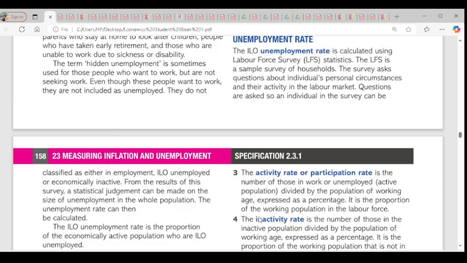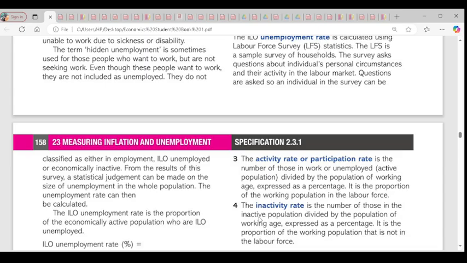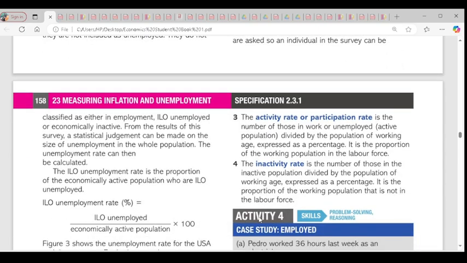The number of employed, those that are working, is divided by the population of the working age, which is from 16 to 65, multiplied by 100. Then we have the activity rate or participation rate: the number of those economically active divided by the working age population, from 16 to 65, multiplied by 100.